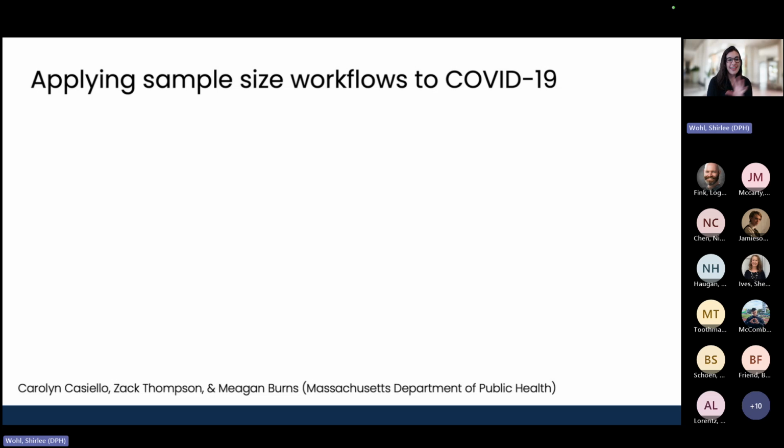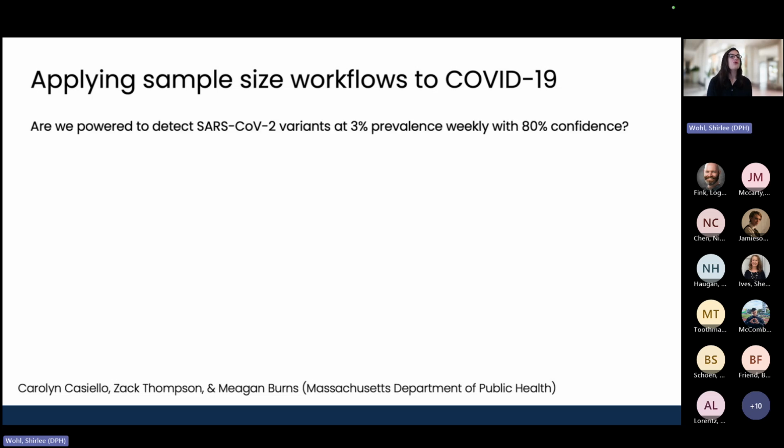So we applied this methodology to try to answer this question of, well, can we get enough samples from our clinical providers that we're reliably detecting anything that shows up at 3% or higher? And we picked a confidence that seemed right to us. You could tweak it in different ways.